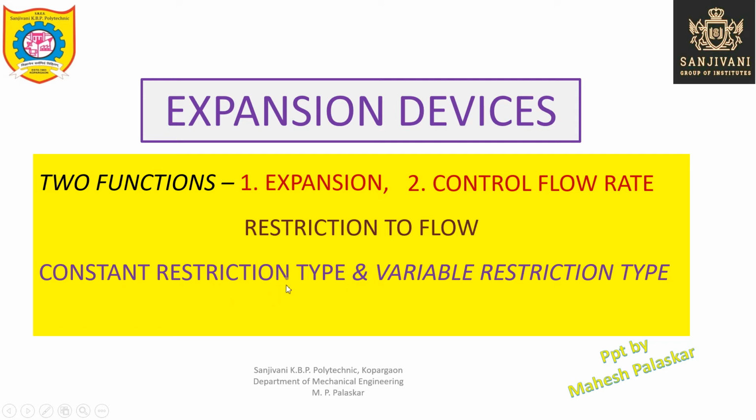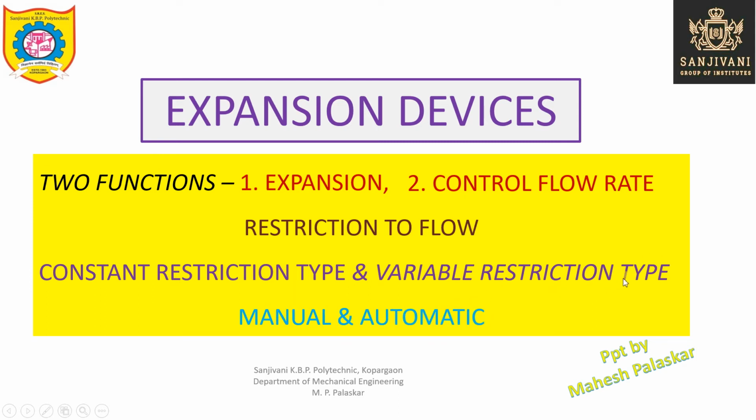So in case of constant restriction type expansion device, we also cannot stop the flow. But in case of variable restriction expansion device, we can change the restriction, we can change the flow manually or automatically, or sometimes if required we can also stop the flow of refrigerant with the help of this expansion device, which is a variable restriction type expansion device.